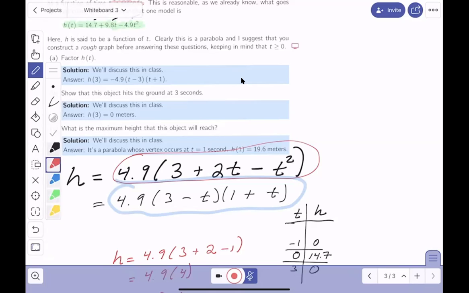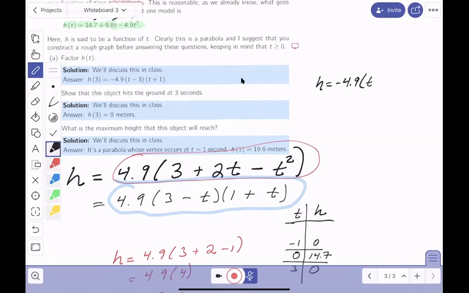Ooh, I made a mistake over here. I'm sorry. And they pulled out a minus 4.9. So I'm going to rewrite this. Actually, I'm not going to say I made a mistake. What I'm going to say is they wrote this a little differently. They factor out minus 4.9. Let me write that down for you. And what would you get there?